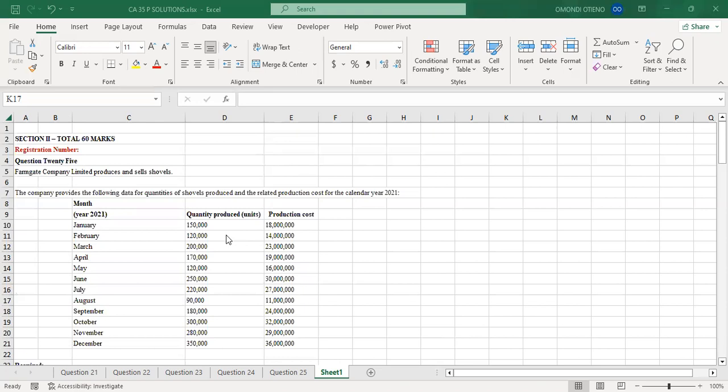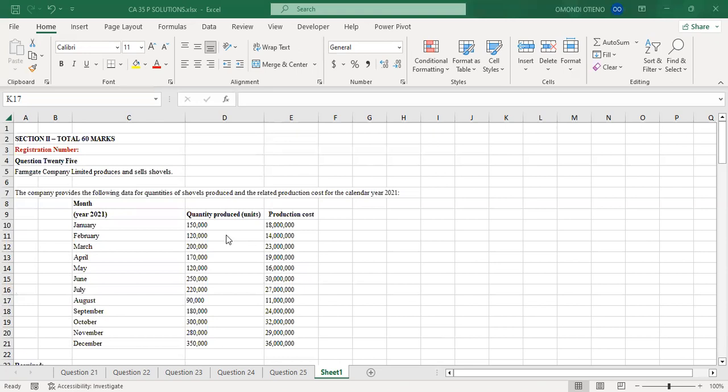Remember, these costs are classified into fixed and variable, and then you get the total fixed costs plus total variable cost, which ends up giving us the total production costs.